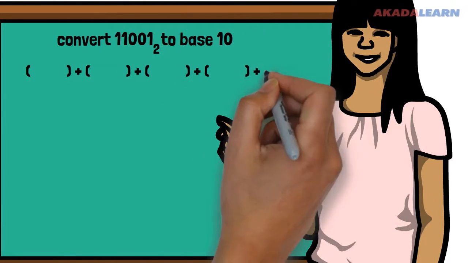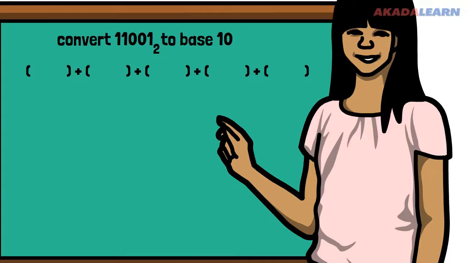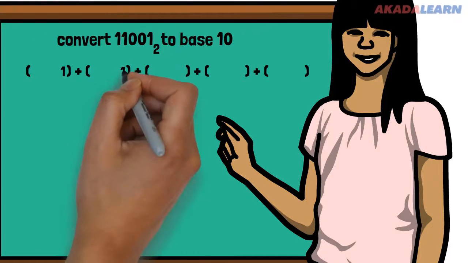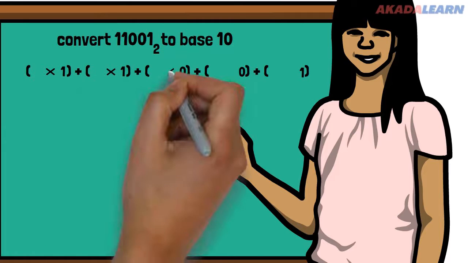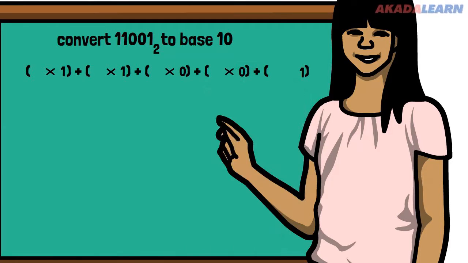First, let's draw 5 brackets representing each of the figures there. So that is 1, 1, 0, 0, 1. Alright, now let's put a multiplication sign in each bracket. Times, times, times, and times.